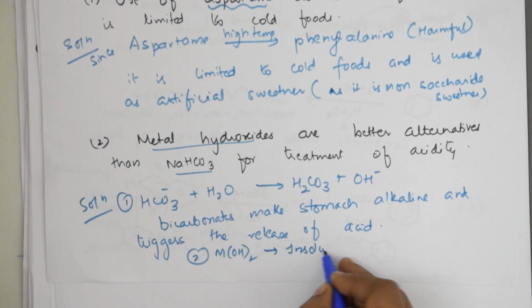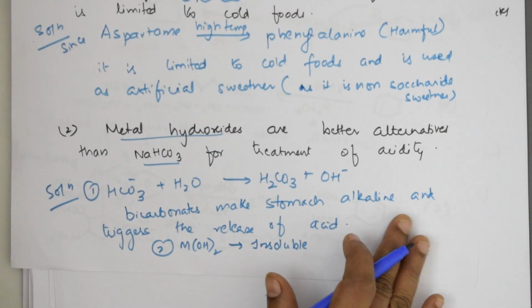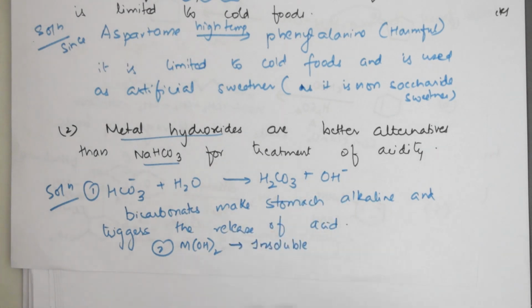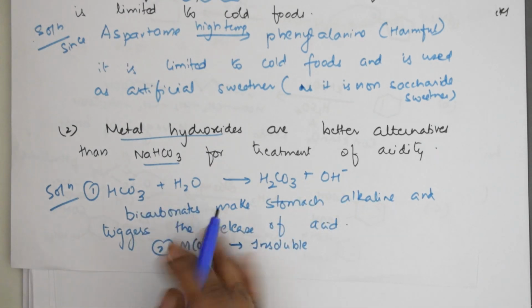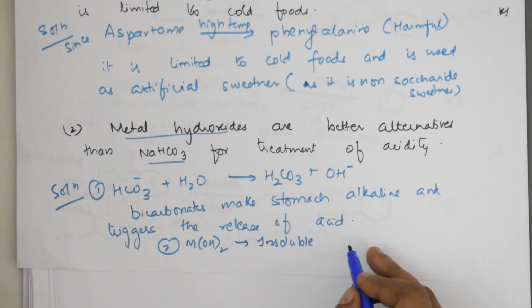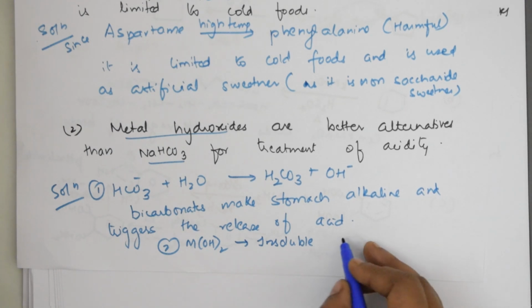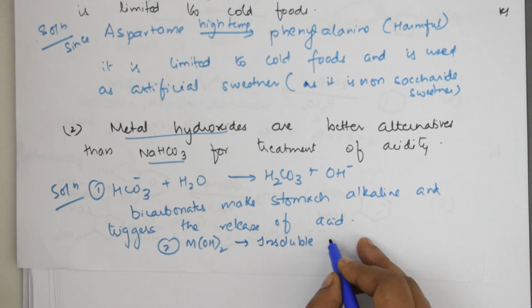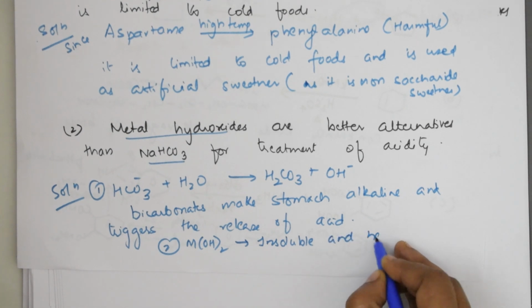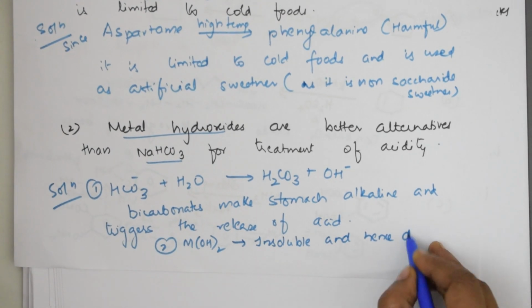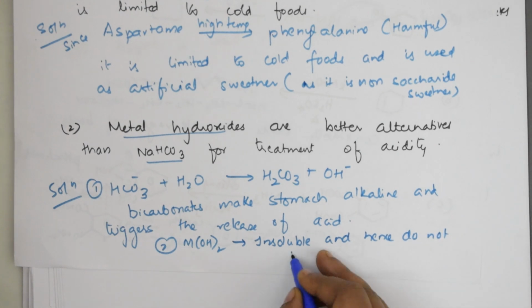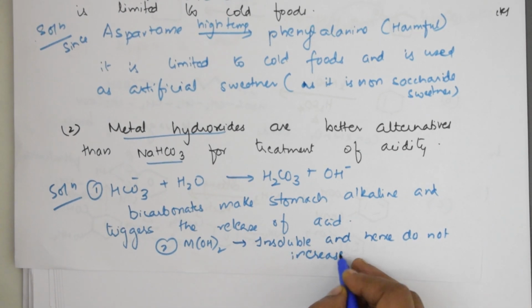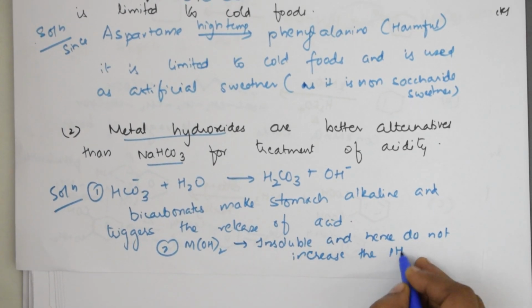Insoluble in water when you put it in the stomach. But bicarbonates are soluble. So because they are insoluble, they do not increase the pH above neutrality, that means above 7.